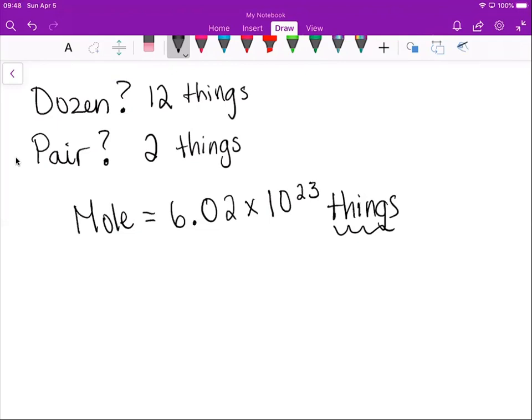When you read the question, it will say you have a mole of oxygen atoms, a mole of hydrogen molecules, a mole of hydrogen ions. The unit of the mole is completely dependent upon what you're talking about.